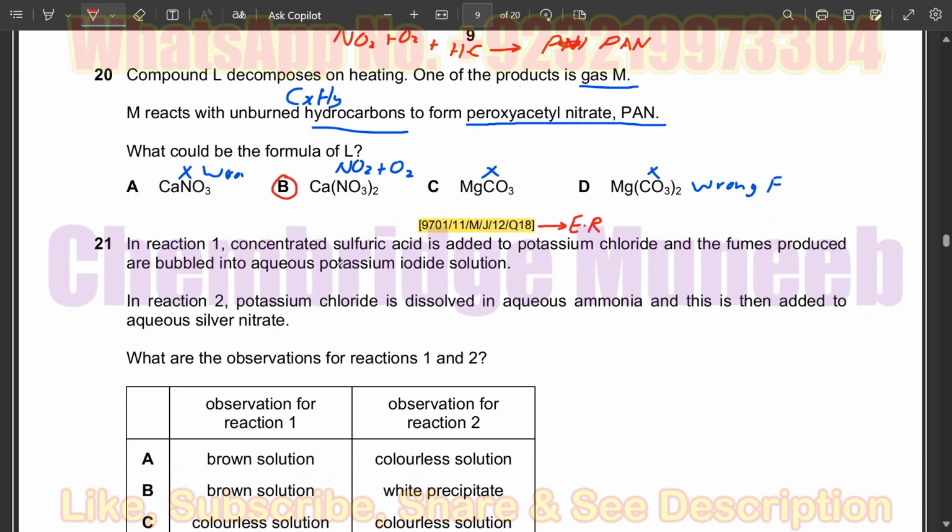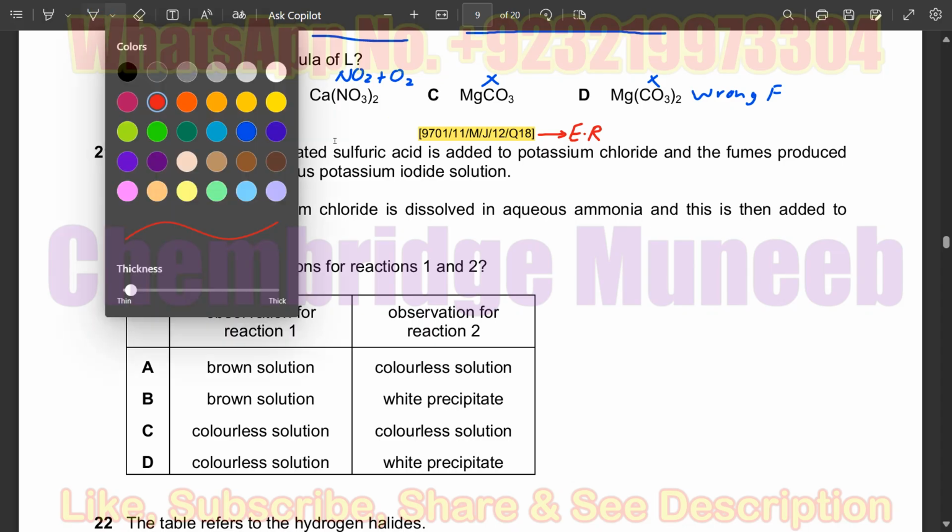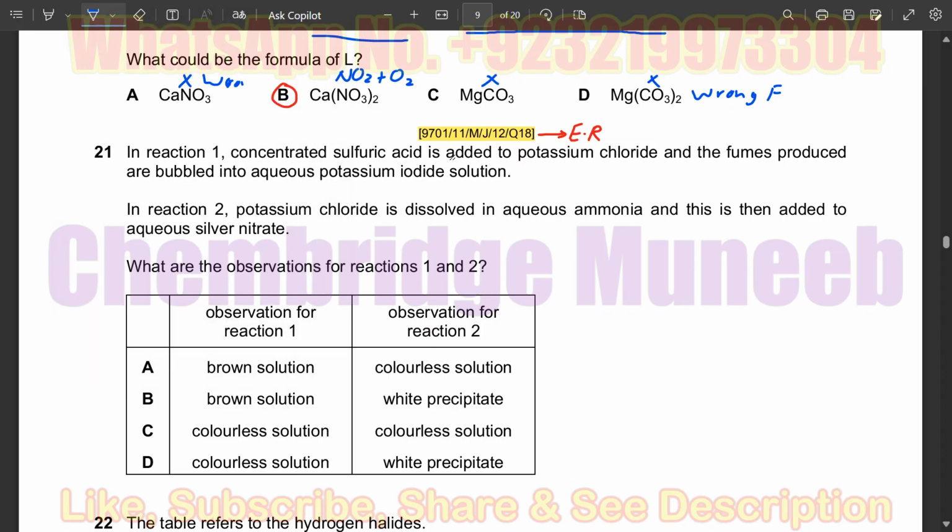Now question number 21. This question is repeated from the past year and it is also a part of the examiner report. You can also read the examiner report of this question from this year paper to get more detail. This question says that sulfuric acid is added to potassium chloride and the fumes produced are bubbled into an aqueous solution of iodide.